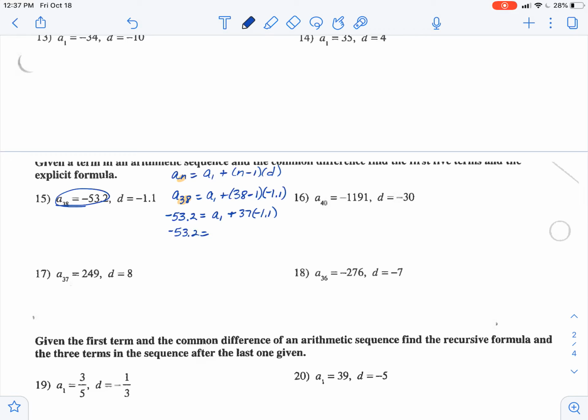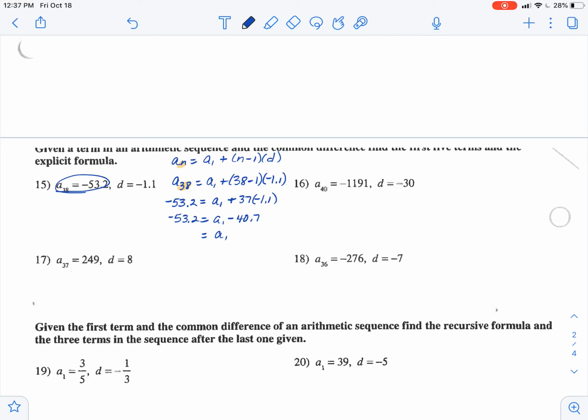Okay, and I can actually go find my a sub 1 now. Okay, so let's put some numbers in there. So 37 times 1.1 is 40.7, and it's going to be negative. So if I move my 40.7 over, I get a negative 12.5.